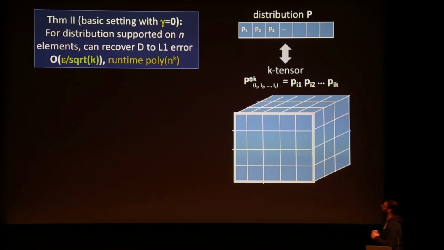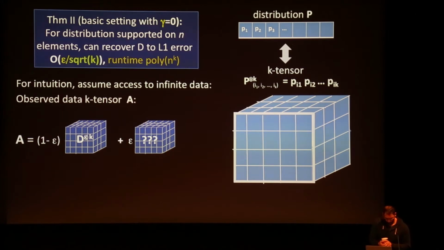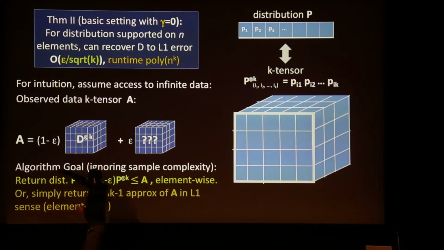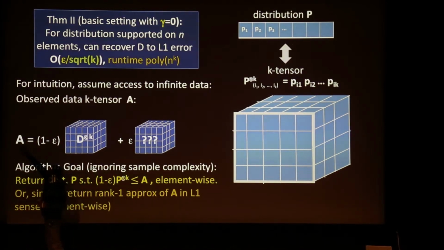Okay, let me tell you a little bit about this more efficient algorithm. So it's not that efficient. The runtime is polynomial in the distribution domain to the k. So imagine you have tons of data. You observe this empirical k-tensor.